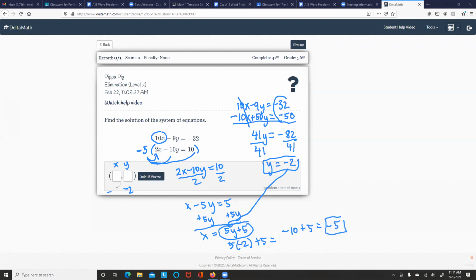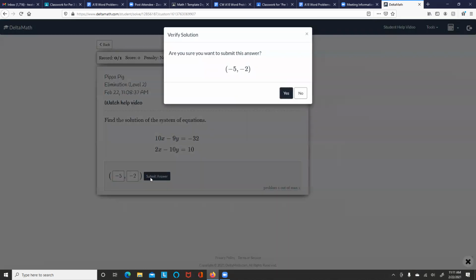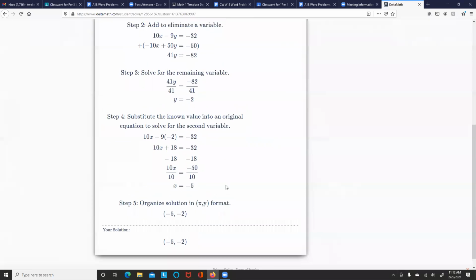So -5, -2 should be the solution. I'm going to type it in and check our work. Oh, sorry, I did it again. What was it? -5, -2, is it what it is? Is that what it was, guys? I'm just going to put it in. Yes, -5, -2 is the correct solution.